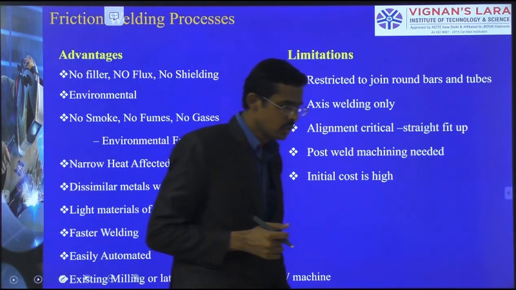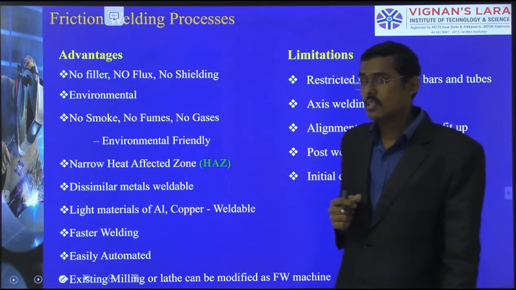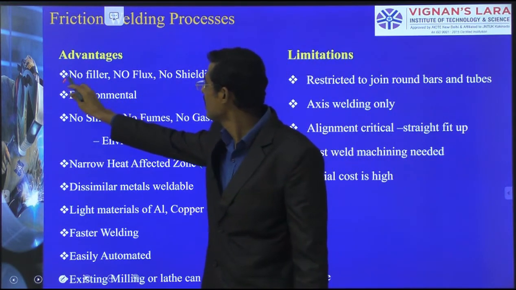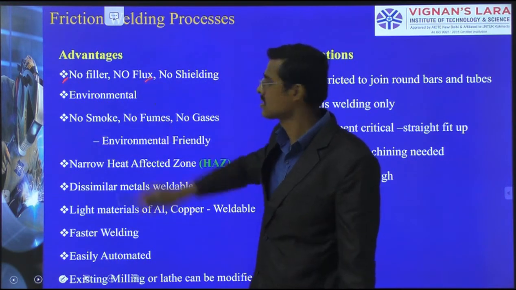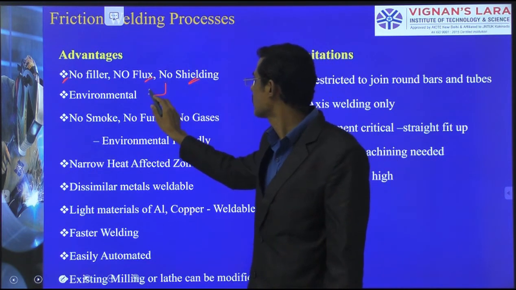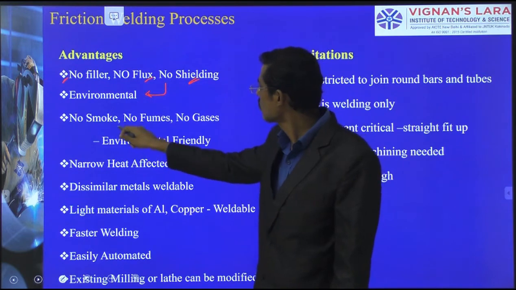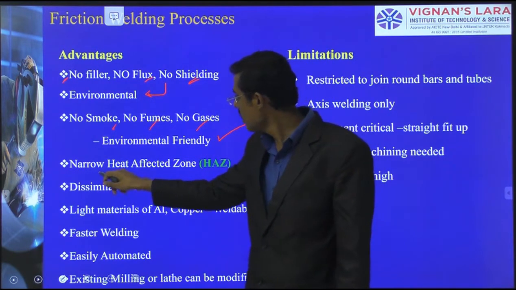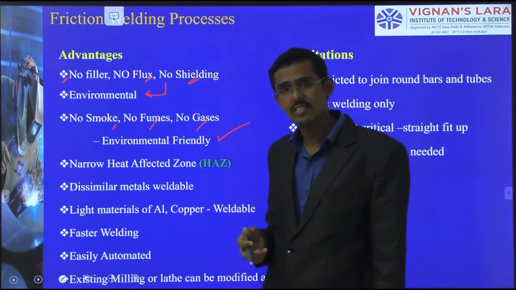Now we come to the applications and advantages. What are the advantages? As I told you, no filler, no flux, no shielding, therefore environmentally friendly, and also no smoke, fumes, or gases. Narrow heat affected zone. What is this?